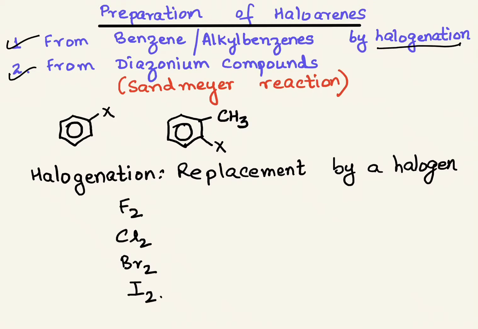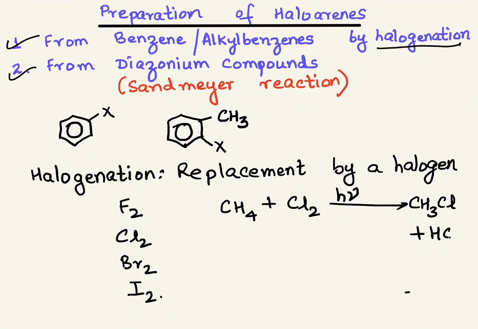Now, if you recall, when we did the halogenation of alkanes, what is the reaction condition? Can you remember? Yes, we did it in the presence of light and it was a chain reaction. If you are not confident about this or you have doubts on this reaction, then there's a separate set of videos on the channel where the alkyl halides have been discussed separately.